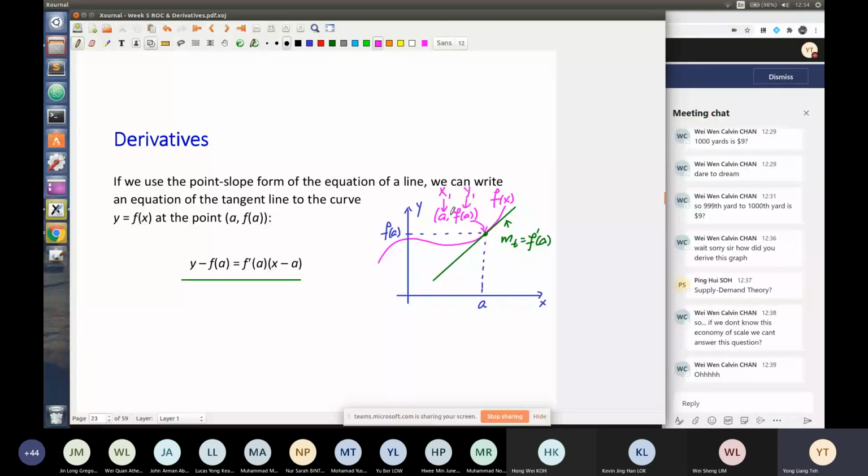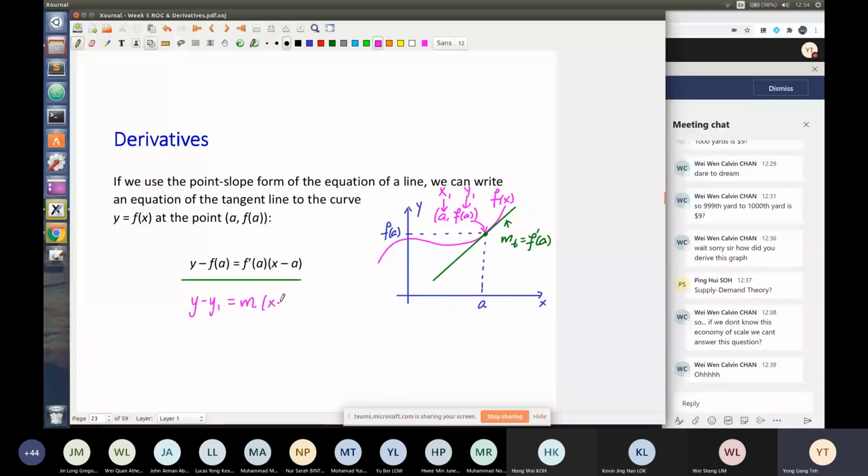Previously we learned y minus y1 equals m times x minus x1. This is the point slope form of the line. It's just that y1 is given by a function of A, x1 is just A. You use the given point as a so-called sample point. Then f prime A is just your gradient m, in this case given by the gradient of the tangent.